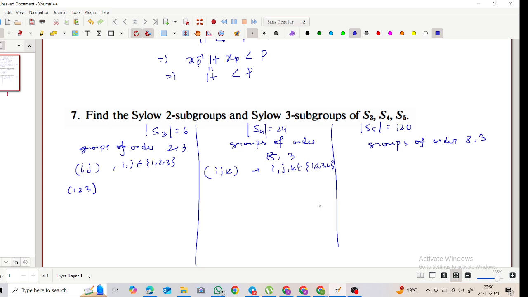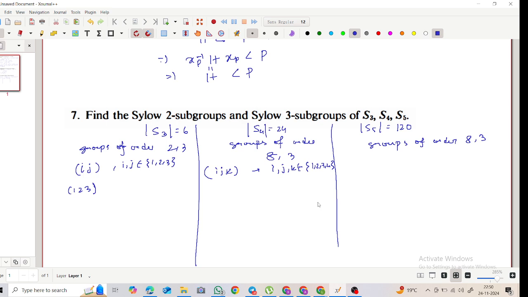What about the Sylow 2 subgroup? What about that? The order 8 subgroup of S4. Okay, so I mean this is just computation.